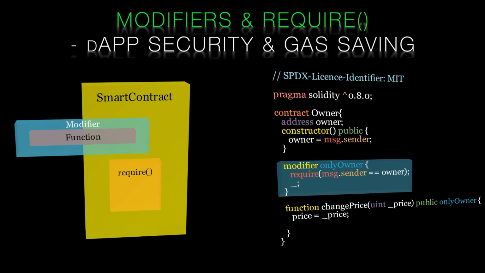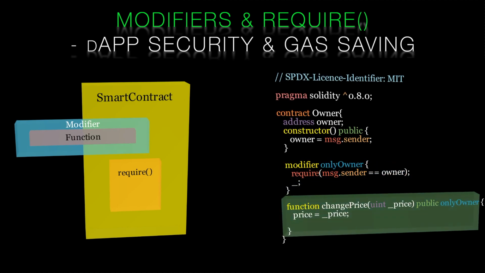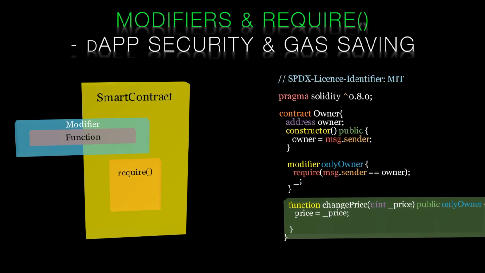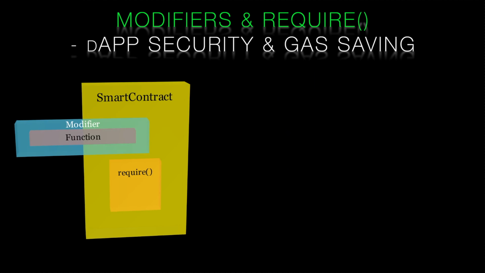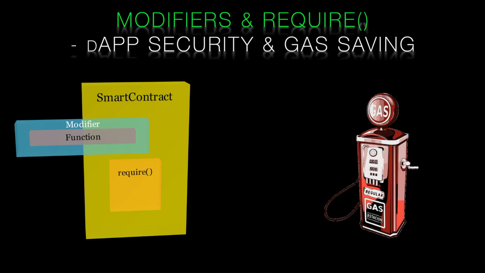The change price function implements this modifier. If any account owner other than the contract deployer attempts to run this function, then the change price will terminate with an exception. Another great feature of modifiers is that used correctly, they help save gas.